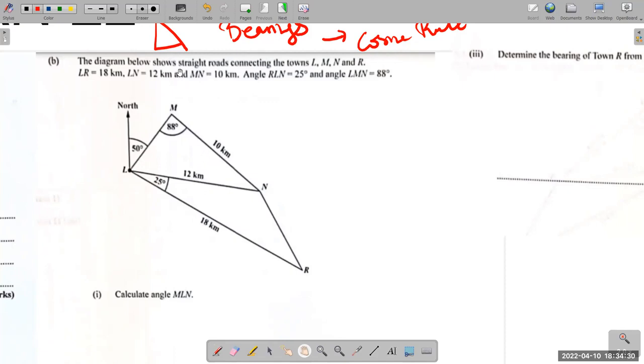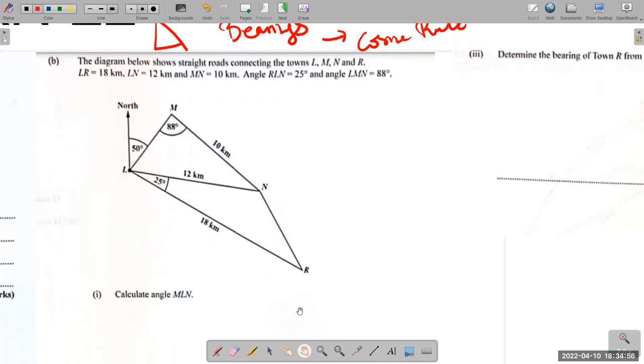So there we go. The diagram below shows straight roads connecting the towns L, M, N and R. So that's 4 towns, 4 different locations. LR is 18. So let's look to see if that's there. LR 18, that's there. LN 12, let's check. LN 12, good. MN 10. MN there 10.